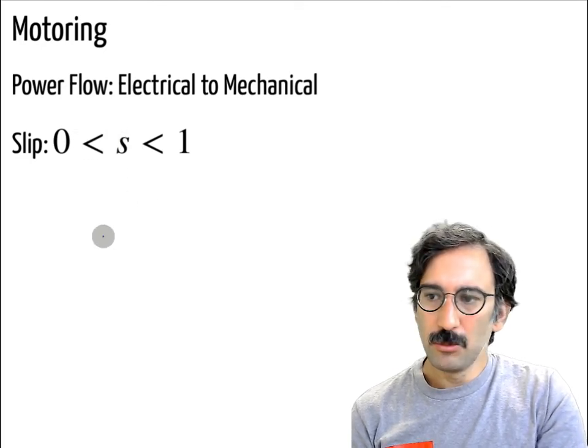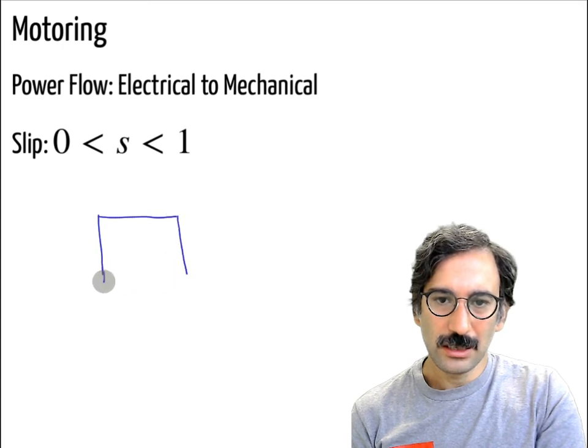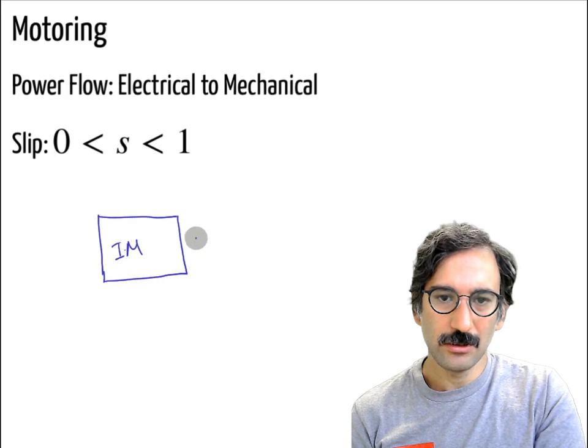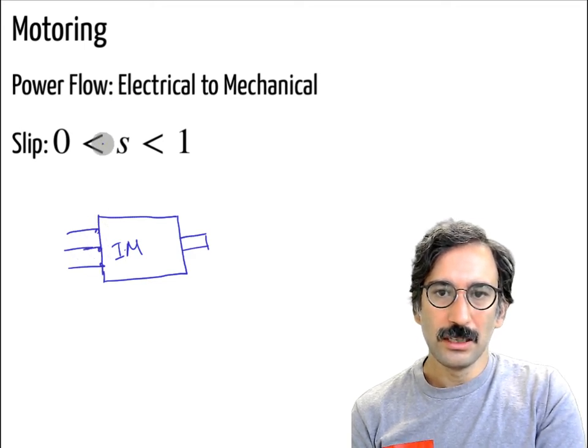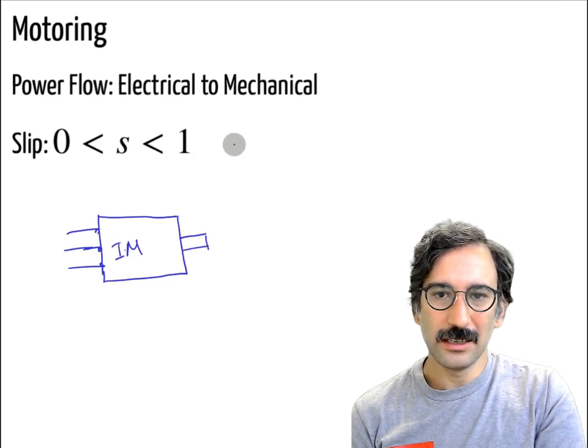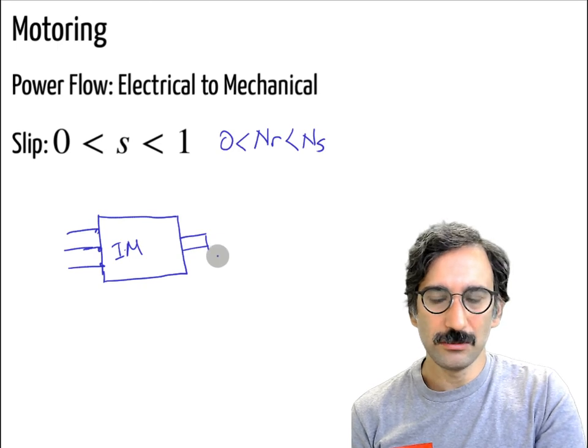So in the motoring mode, let me go here. Again, this is your induction machine in general. Okay, so you have your shaft and you have your input power, right? So in this case, slip is less than 1 and higher than 0. So that means rotor speed is less than synchronous speed but larger than 0, right?